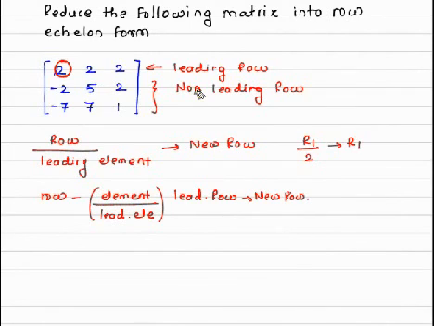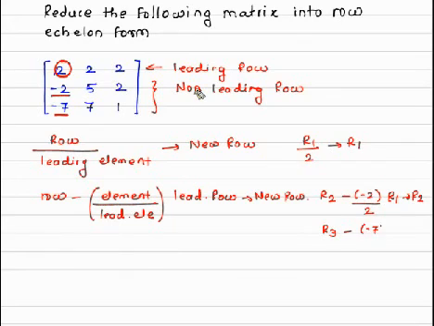So the row operations are R2 minus the element, that is minus 2, divided by the leading element 2, into the leading row R1, gives the new R2.